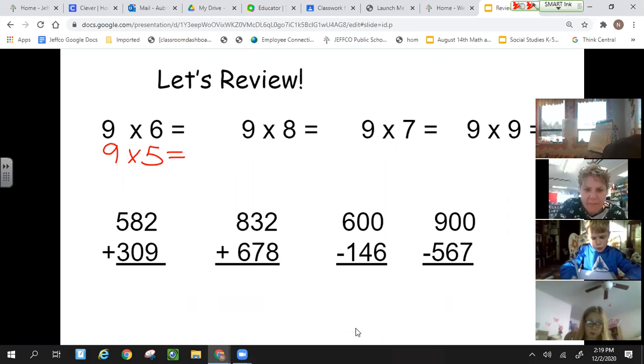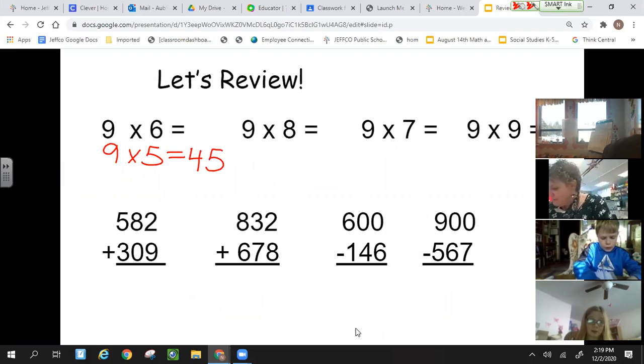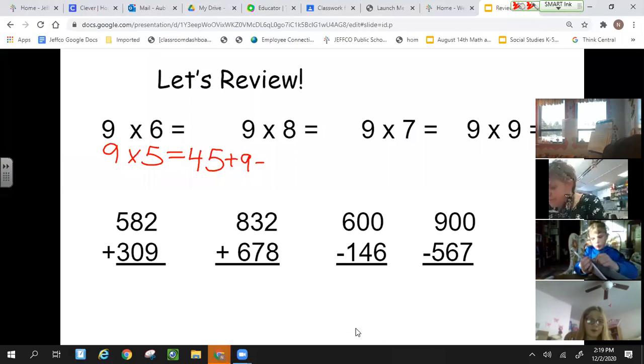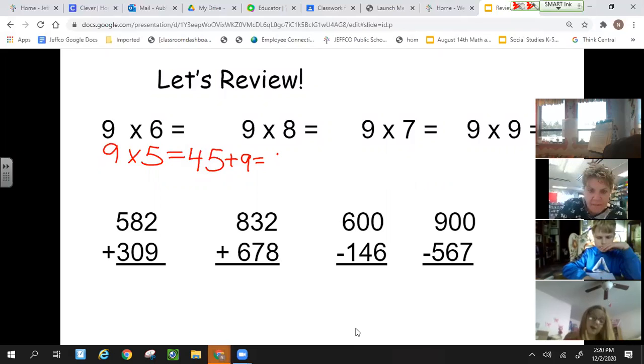And what is 9 times 5? 45. Okay, and if I know 5 9s are 45, how can I figure out what 6 9s are? You can add 1 more 9, which equals 53. You're so close. 54.